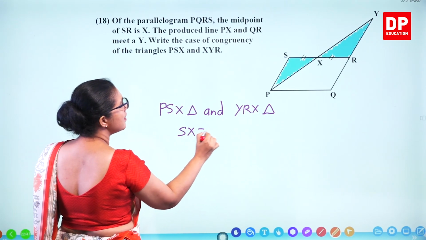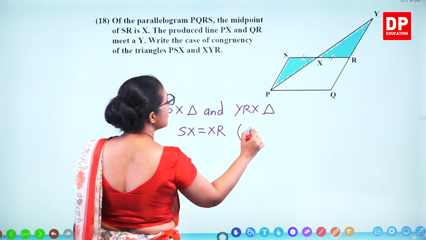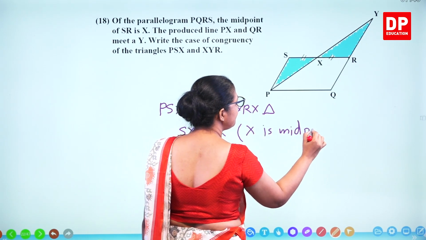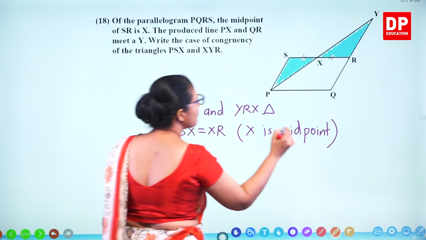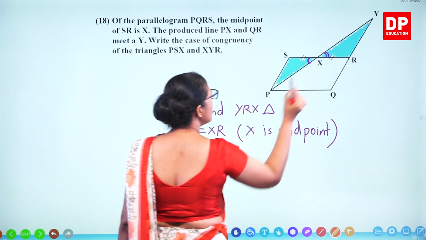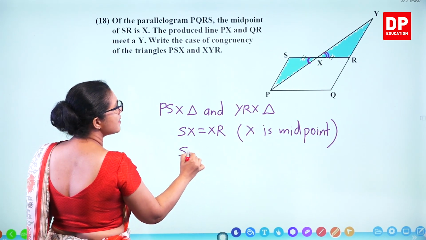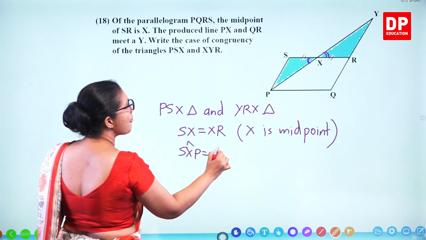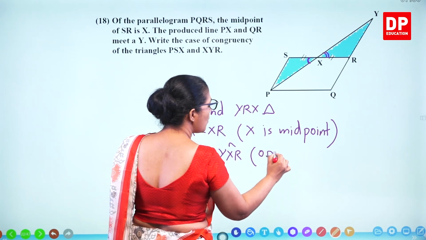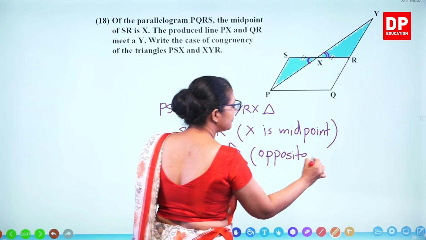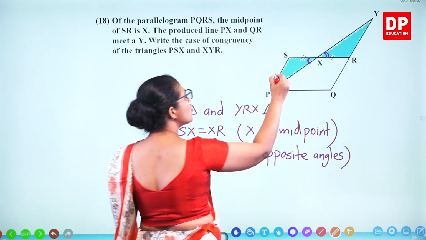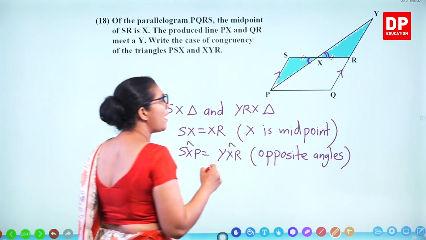SX is given, XR. That's X is the midpoint. It's given. And we know this angle is equal to this angle. SXP is YXR. Opposite angles are equal. And also these two lines are parallel because it's a parallelogram.